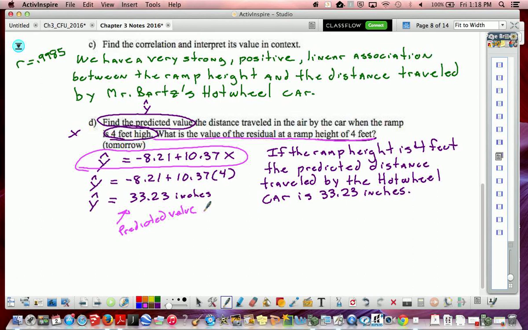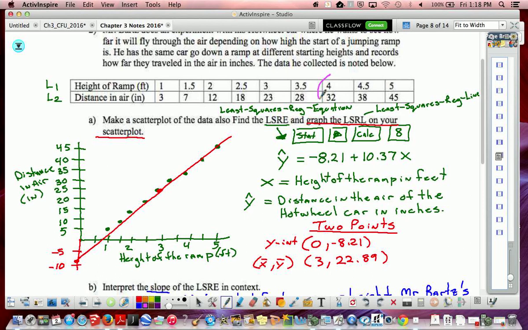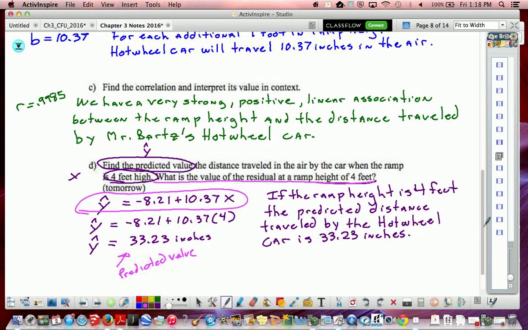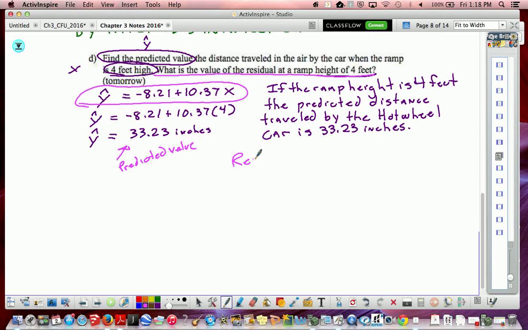The question becomes, what did we actually observe? So we go back up to the top of the data, and we look at the observed value at 4 feet. And we see that when we actually did it, the Hot Wheels car jumped 32 inches. So when we calculate this residual, it is simply equal to our observed value minus our predicted value.